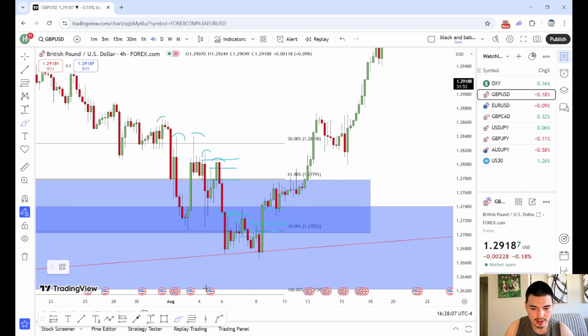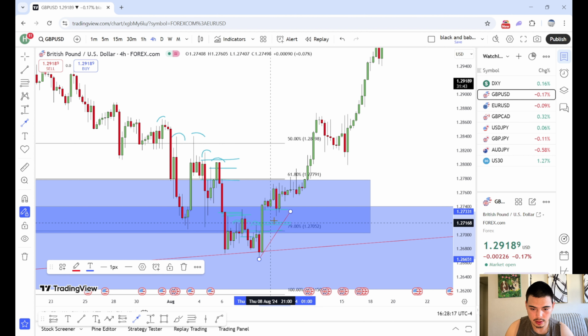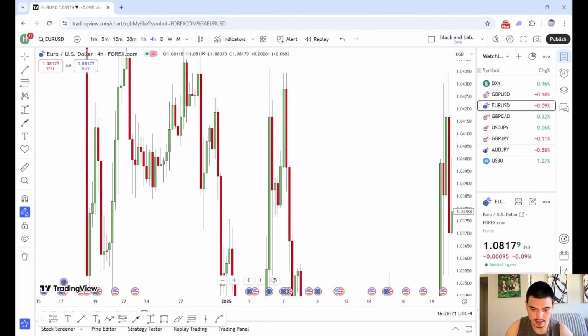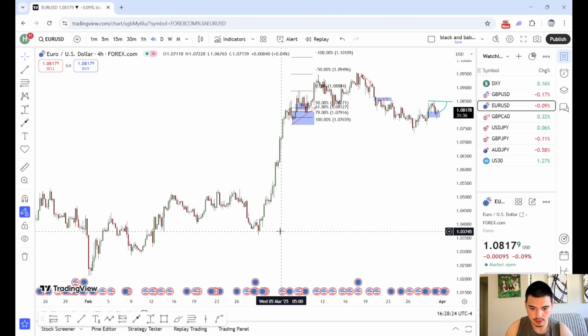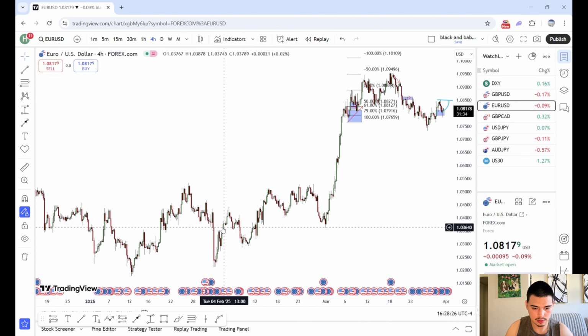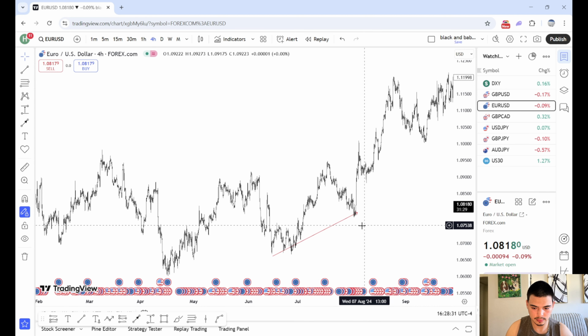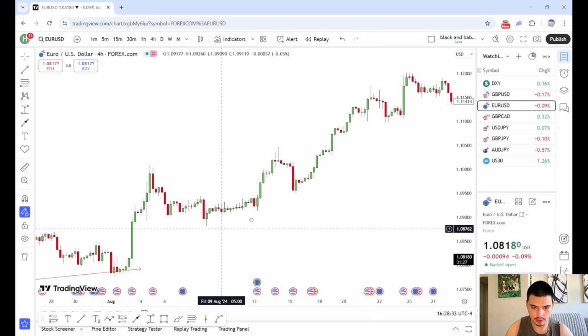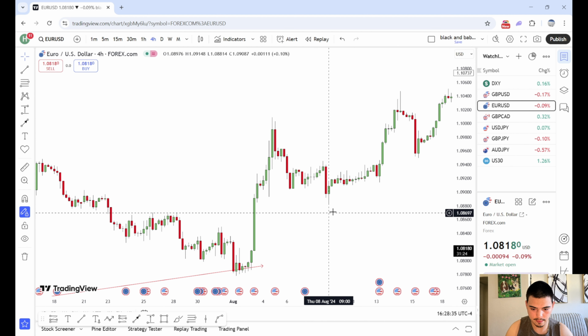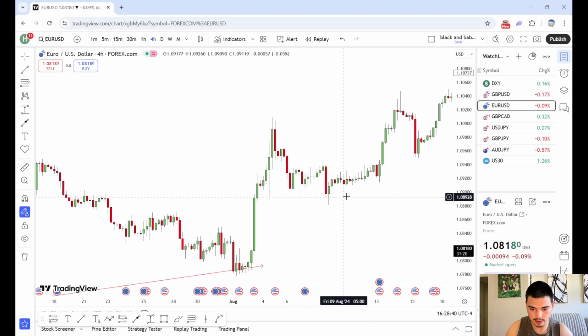Right here from this low, let's see if divergence is present, right? It's August 8th at 5 to August 9th at 5.